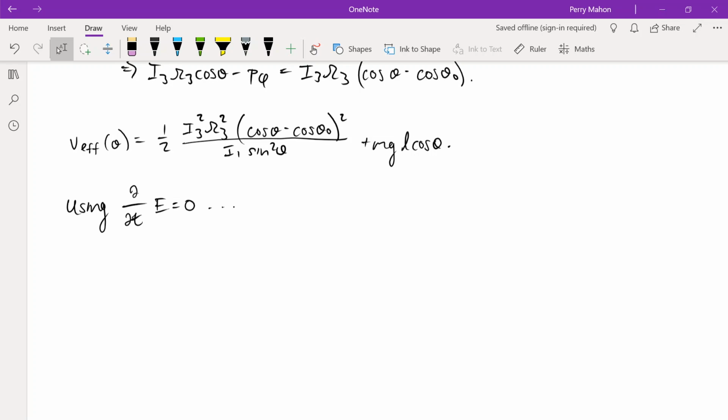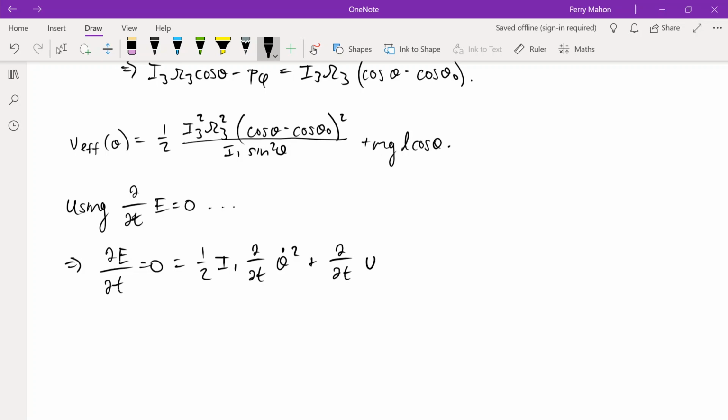This means that dE by dt is vanishing. So this is 1/2 I1 d by dt of theta dot squared plus d by dt of V effective of theta, obviously. Now d by dt is like d theta by dt times d by d theta, right?